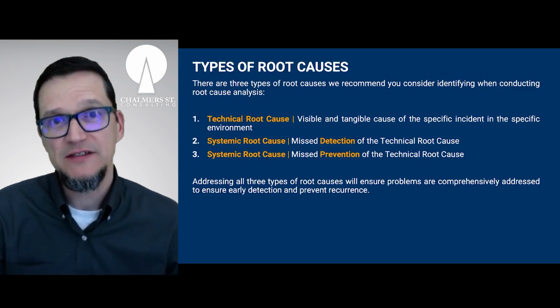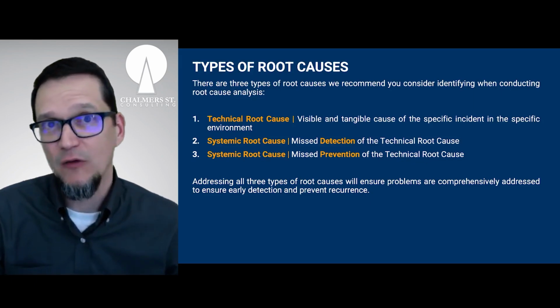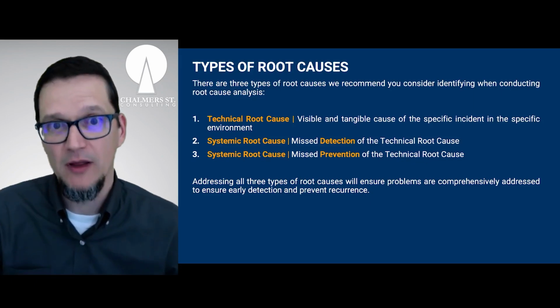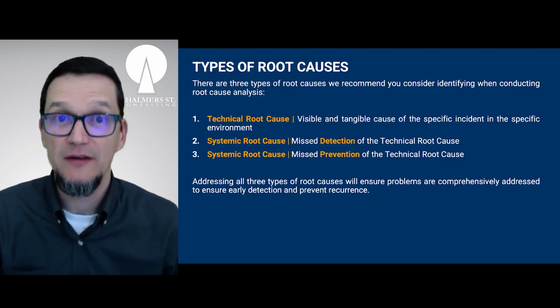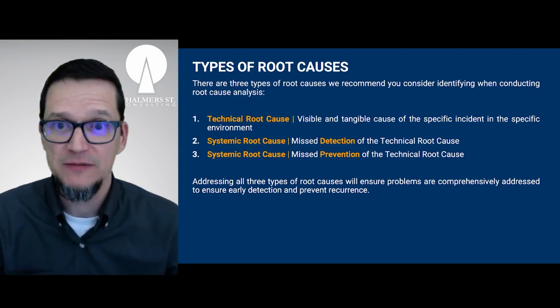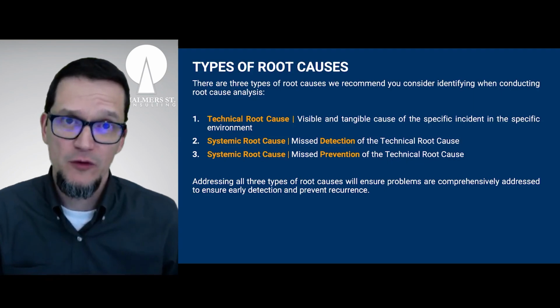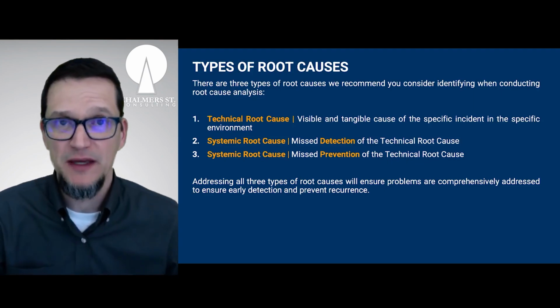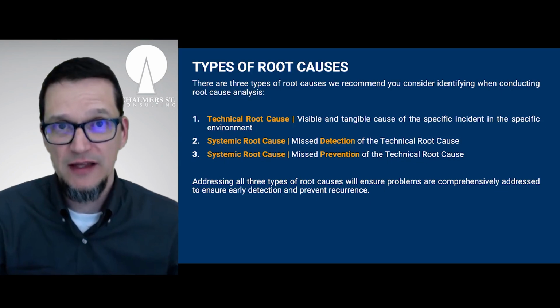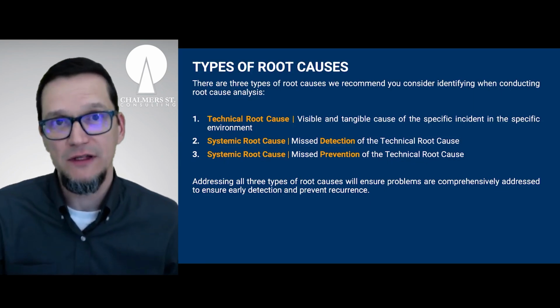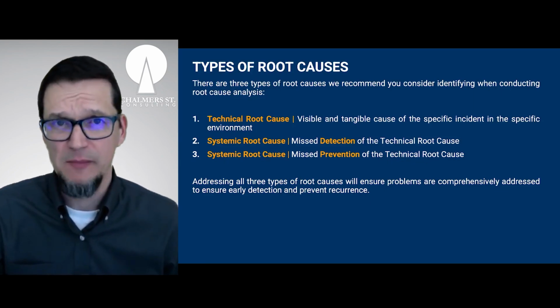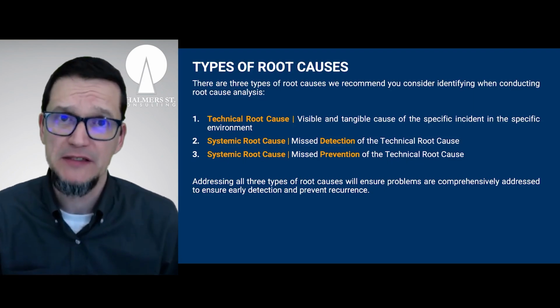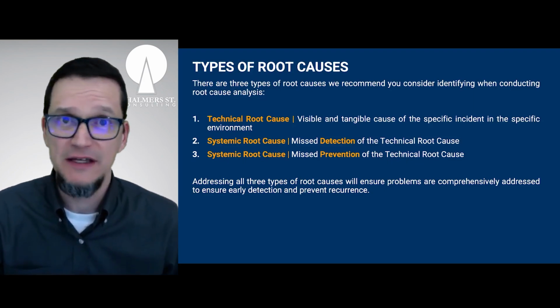So why did the system not allow for early detection of the problem? Why did it not prevent the problem from happening in the first place? If you're considering all 3 different aspects of root causes, that will allow you to comprehensively address the issue and make sure whatever countermeasures you put in place are truly making sure that mistake never happens again.